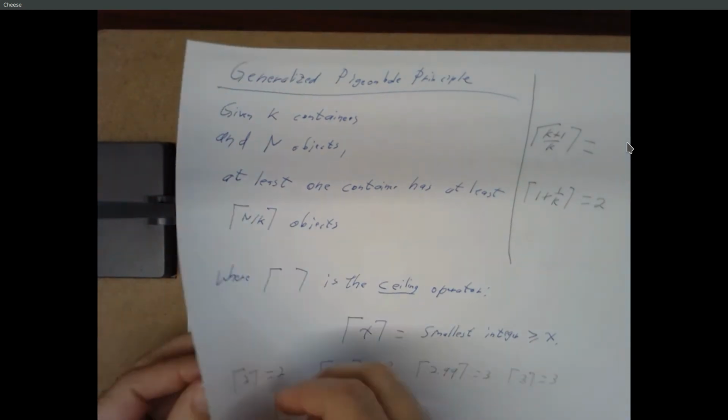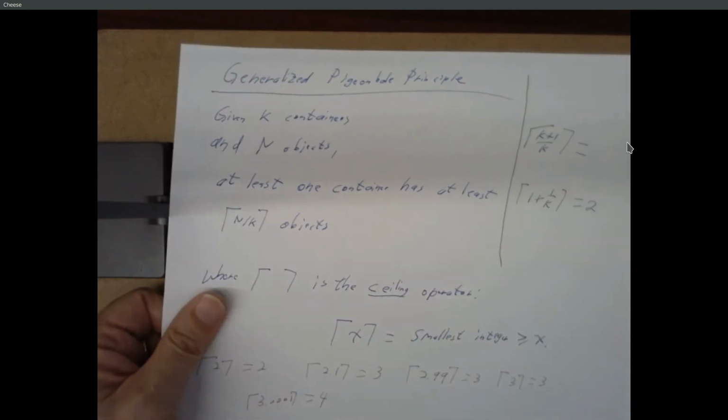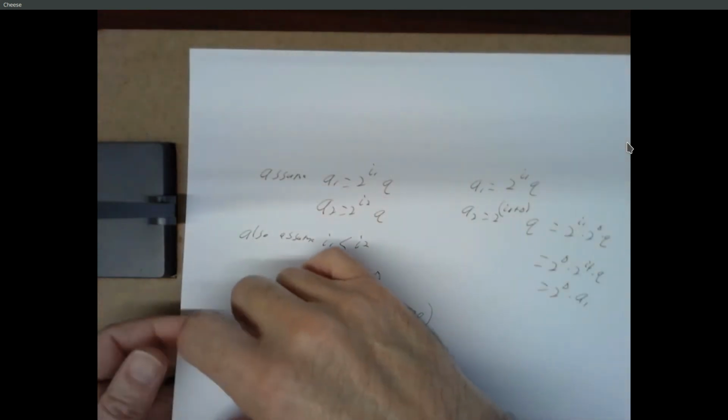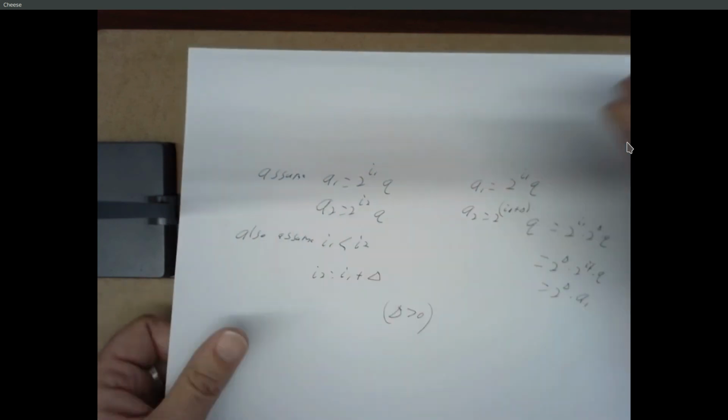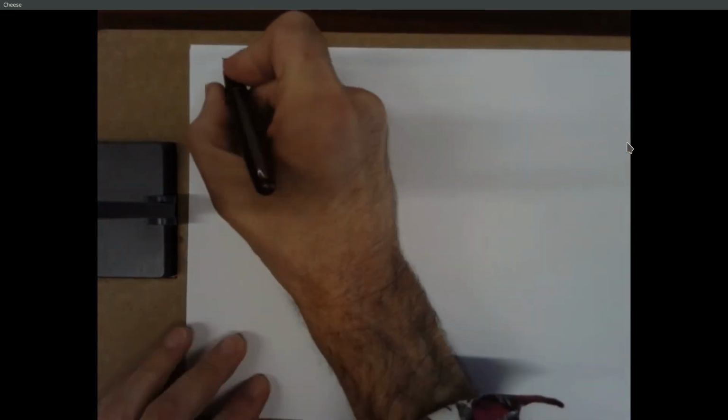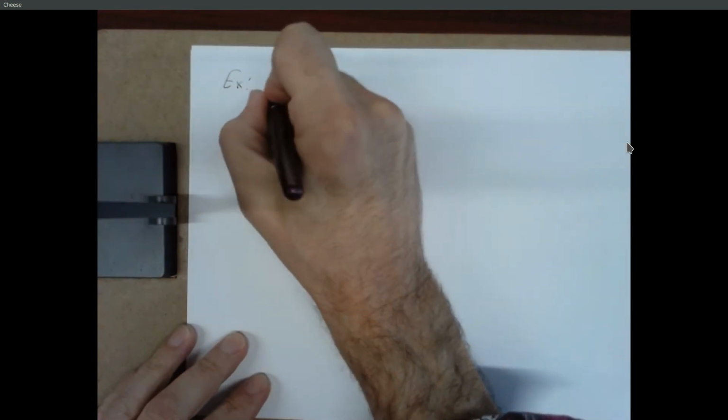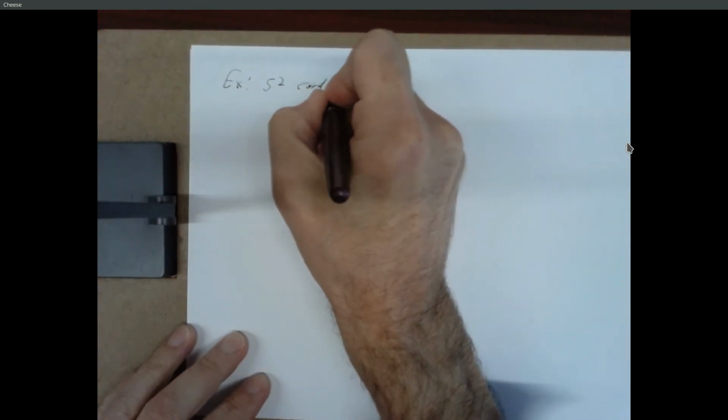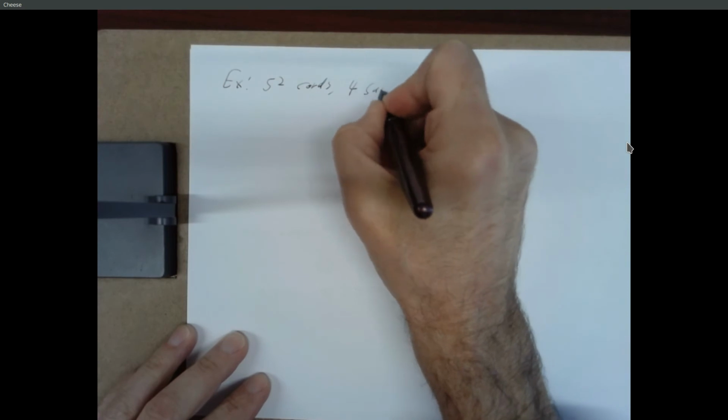So the ceiling operator is useful. So an example of this, you have 52 cards, and you have 4 different suits of cards: clubs, diamonds, hearts, spades.